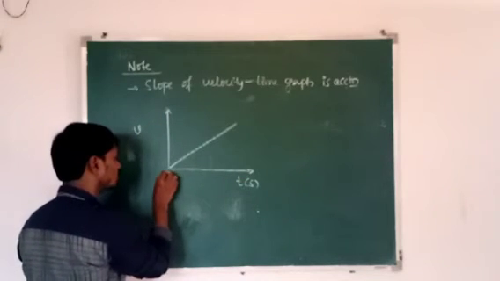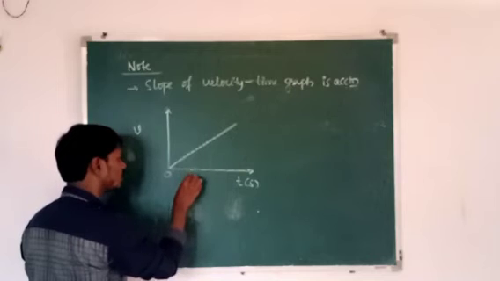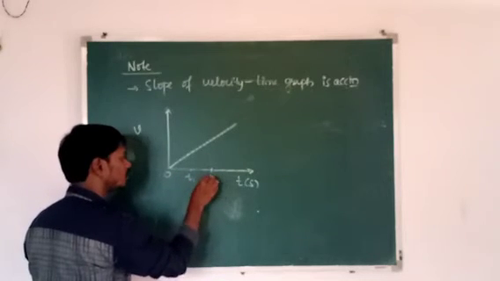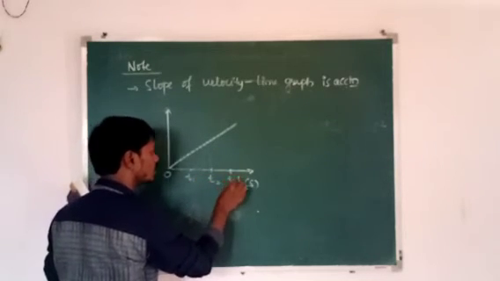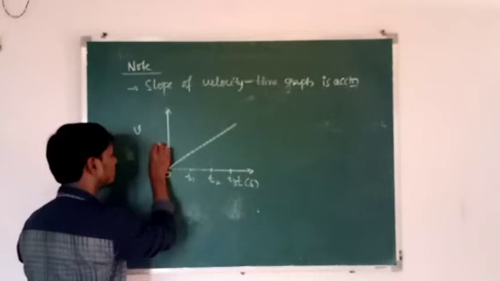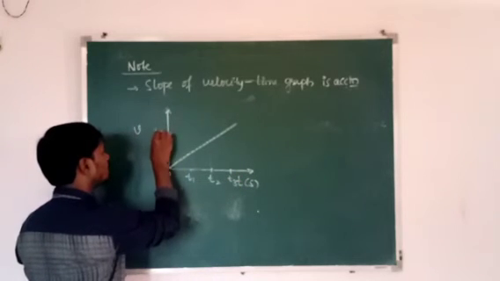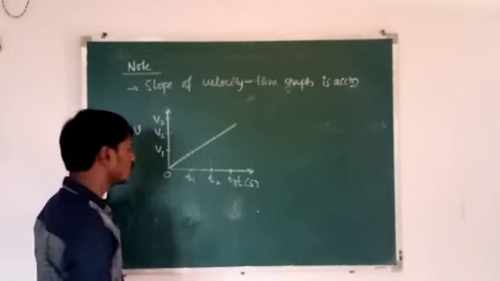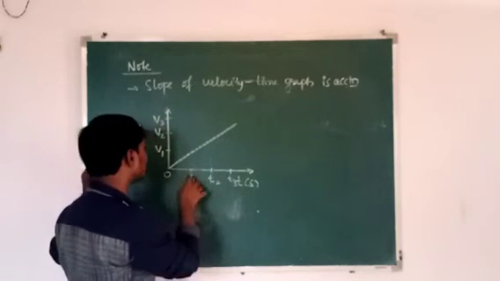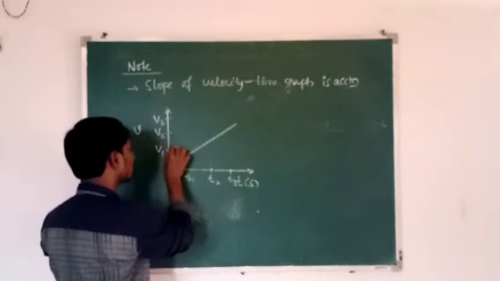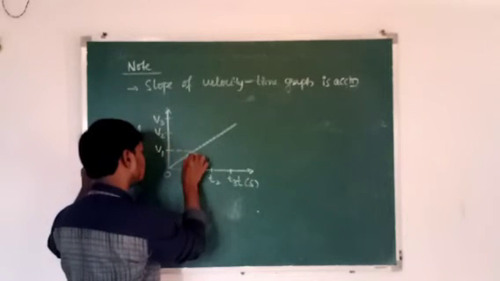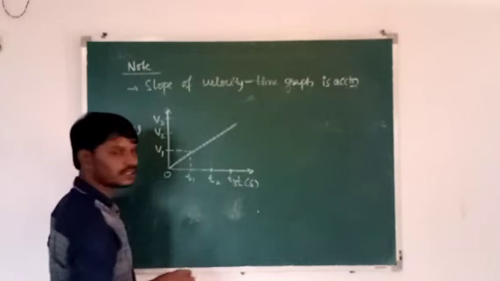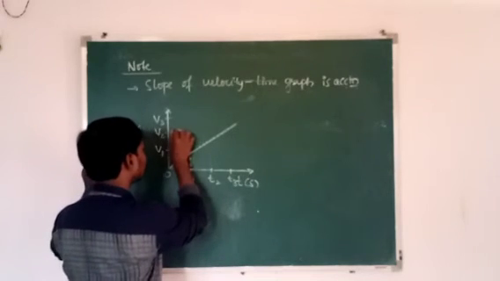Here 0, then t1, t2, t3 and so on; and v1, v2, v3 and so on. At the time t1, what is the velocity of the object? That is v1. At the time t2, the velocity is v2.